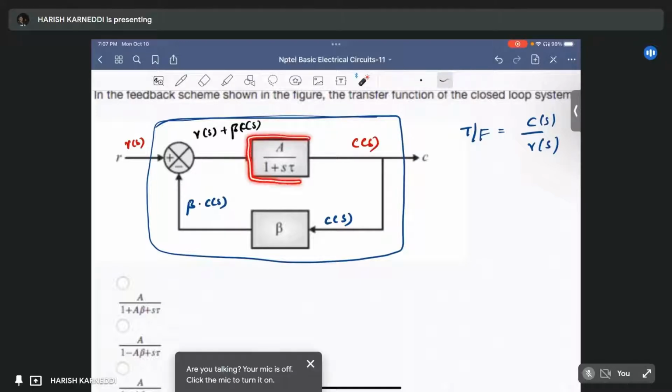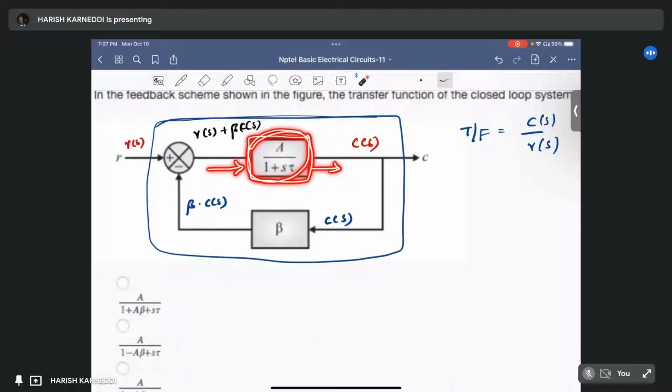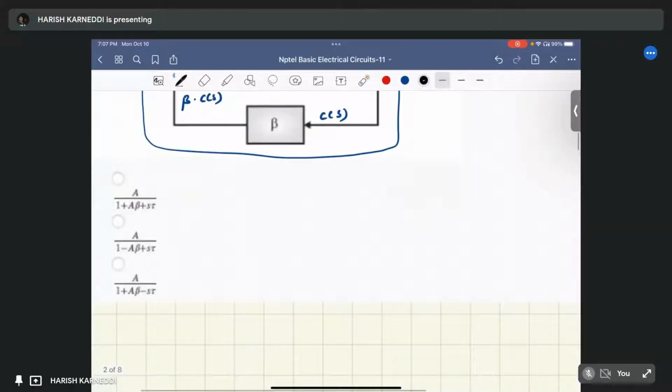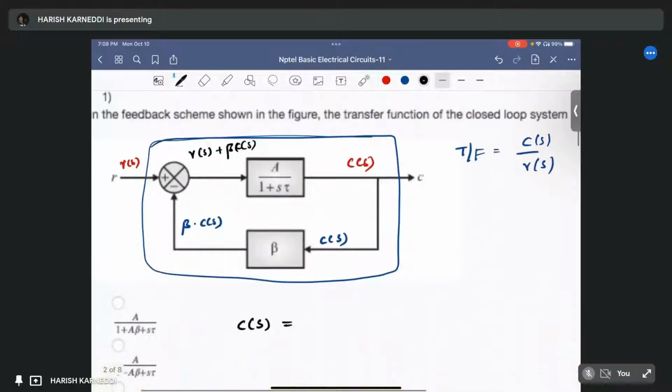Again, this block is a gain block. Whatever is applied to this gain block, the output will be simply the input multiplied by this much gain. So the output is the same as C of S. We can write C of S equal to simply the multiplication of the input signal and this gain block.